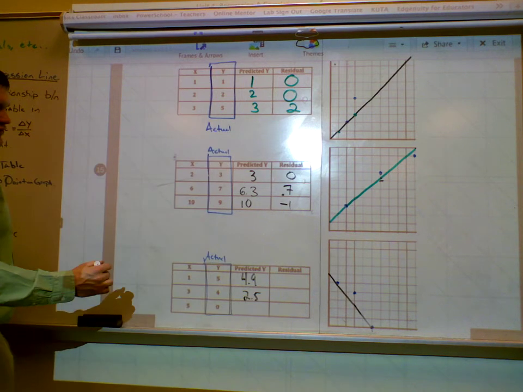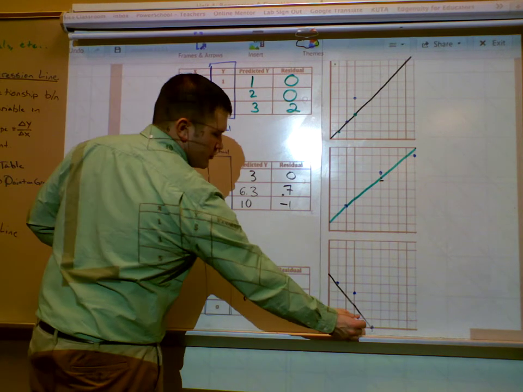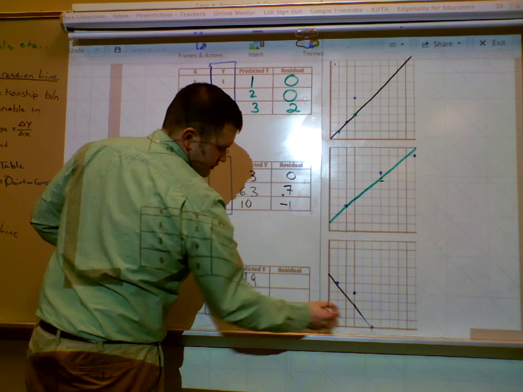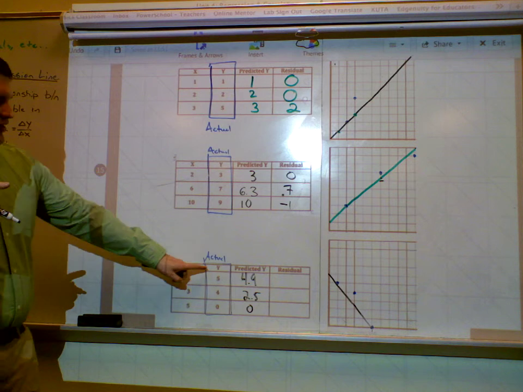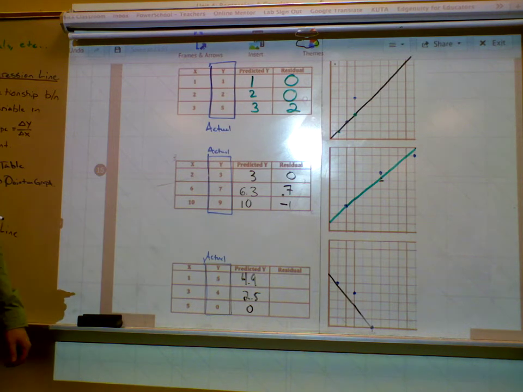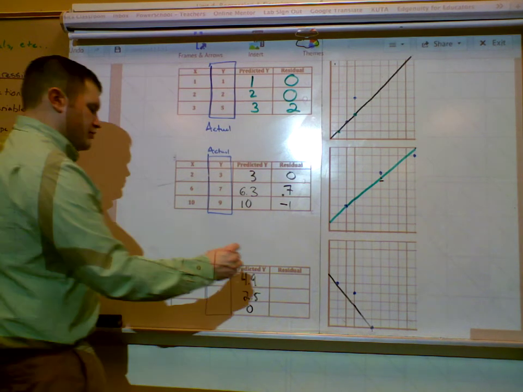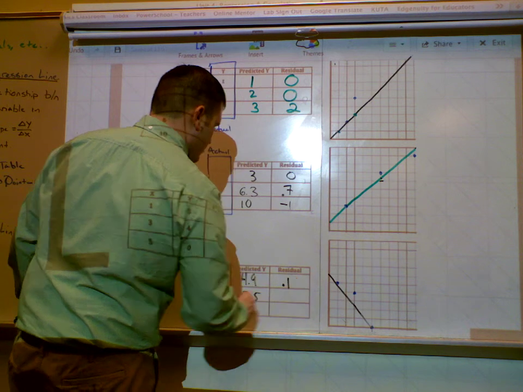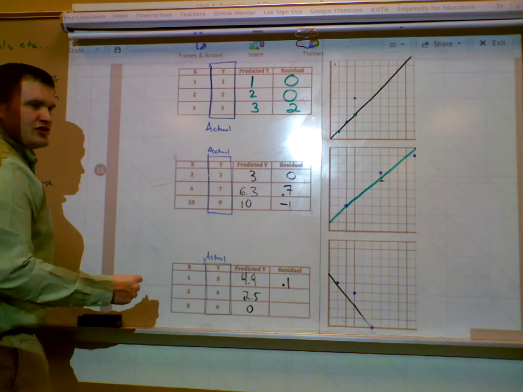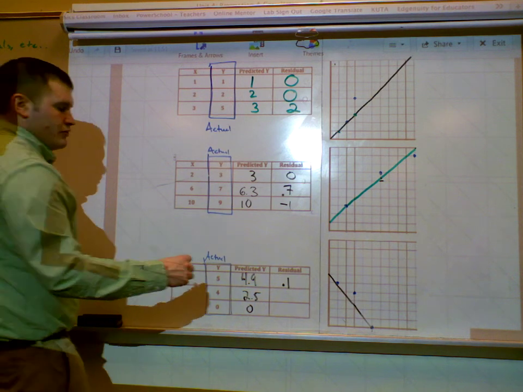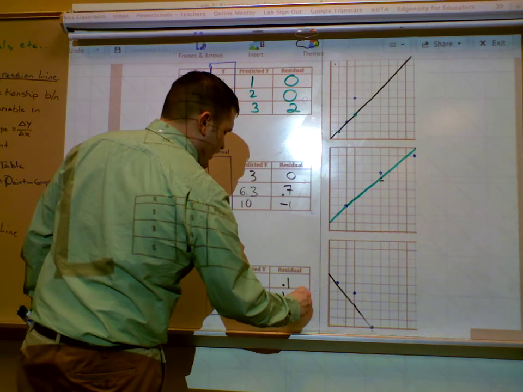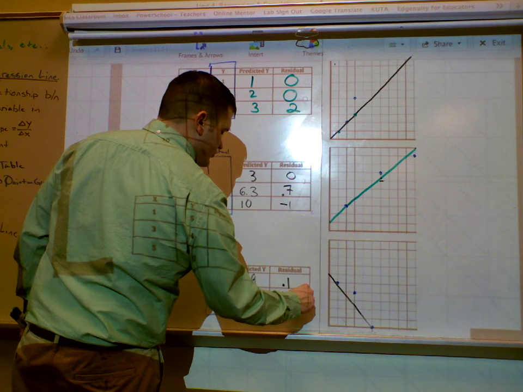And when x is 5, y looks like 0. So 5 minus 4.9, what's that? 0.1. 4 minus 2.5, what's that? 1.5. 0 minus 0, what's that? 0.